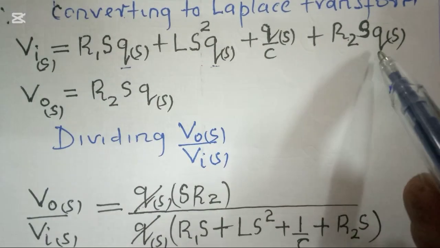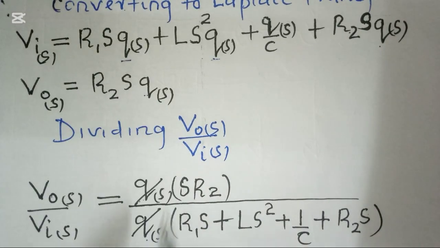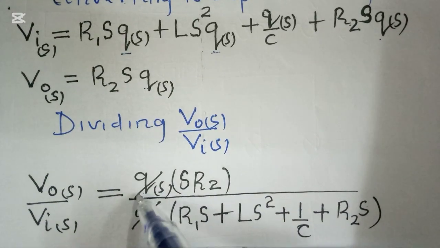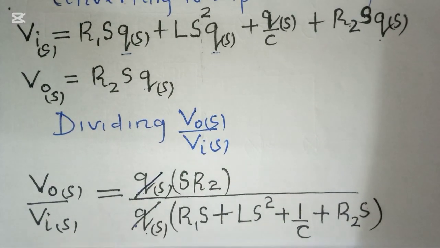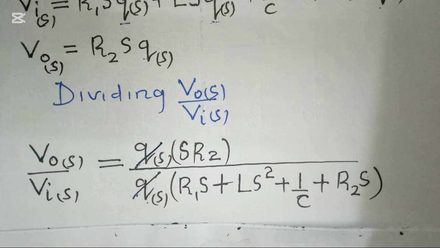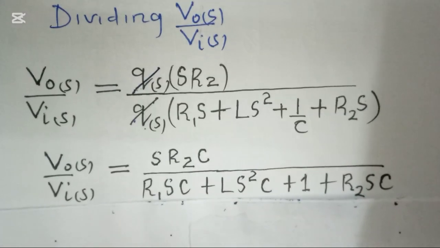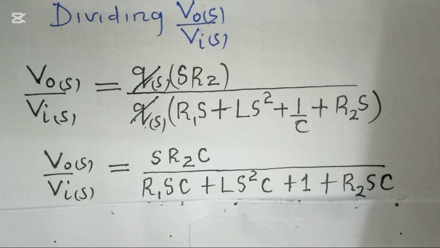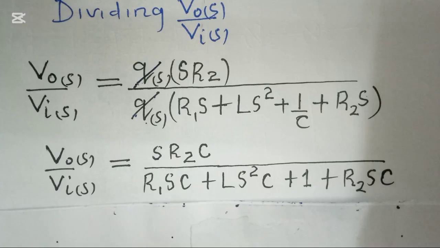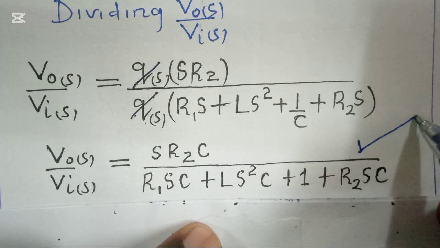Even this one has a QS. And after we have factored out, we come and cancel. Then we are left with this term. And so therefore our transfer function V0 over VI, that is V0S over VIS, will come to this. And so this is our transfer function.